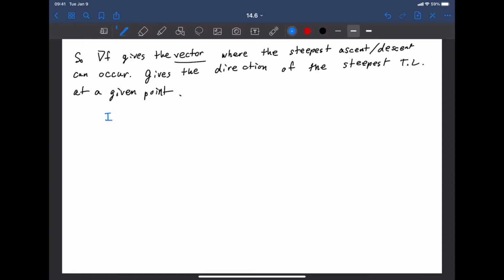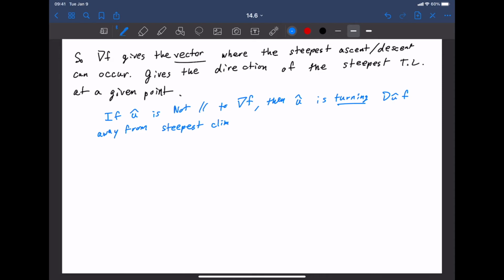Put it another way, if u is not parallel to the gradient, then u is turning our directional derivative away from the steepest climb, which is the gradient.